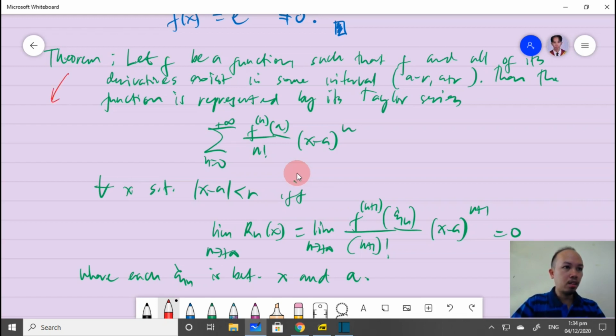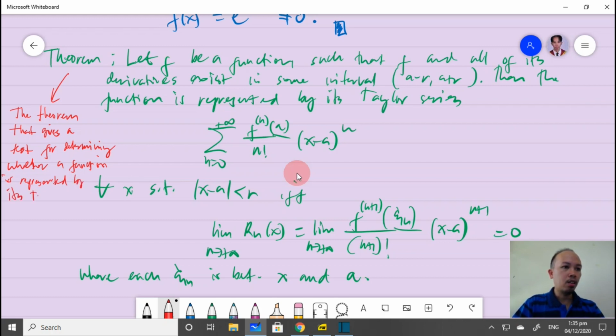This is the theorem that gives a test for determining whether a function is represented by its Taylor series.